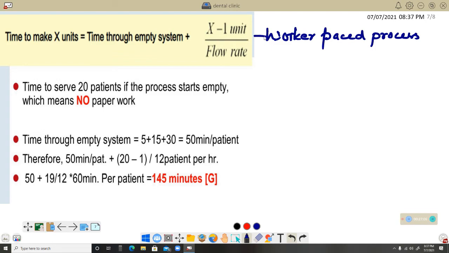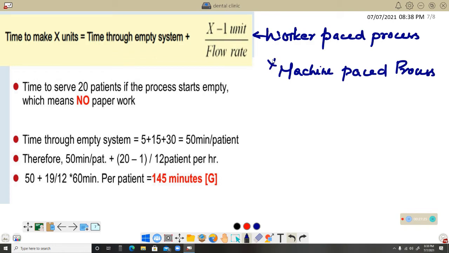For that we use this particular formula. Apart from this one, there is another case that we call a machine paced process.